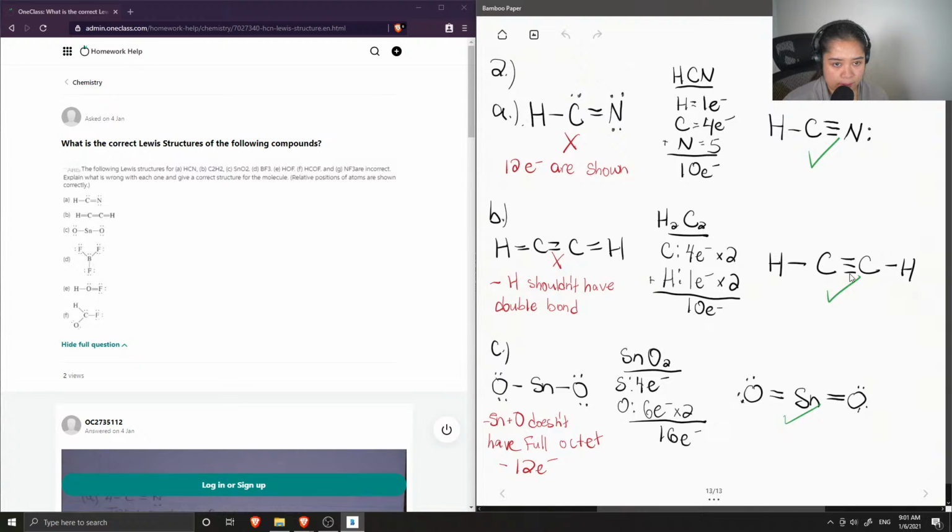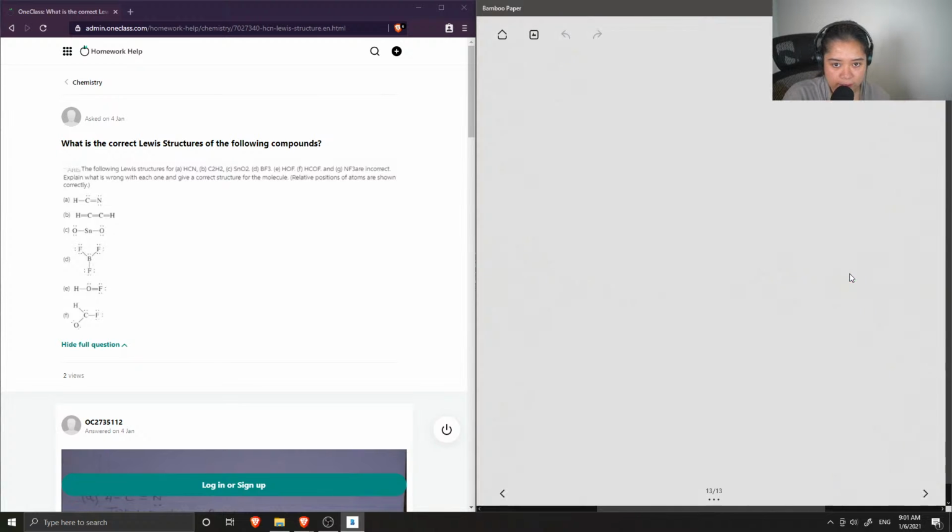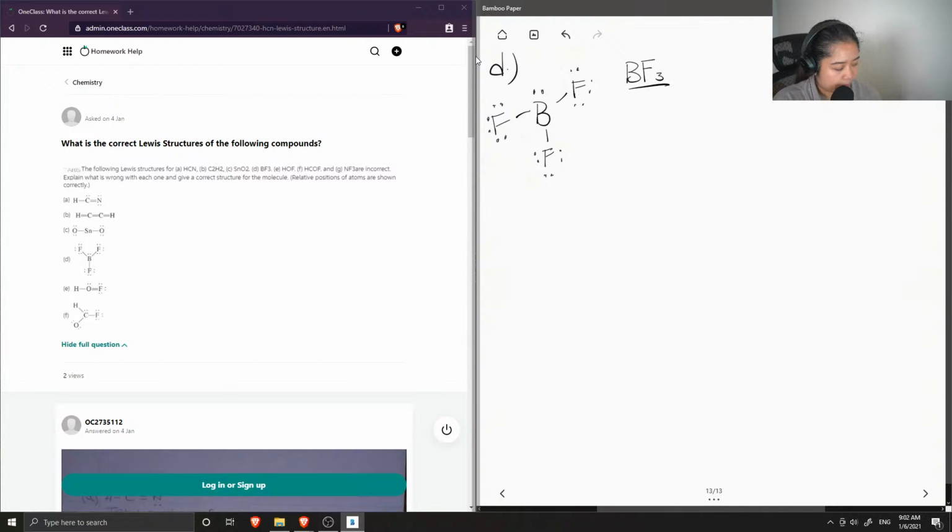Okay, so let's start a new page and go to the next molecule. We have boron that is attached with 3 fluorine atoms, and it also has a lone pair. So let's calculate how many valence electrons are supposed to be in BF3.